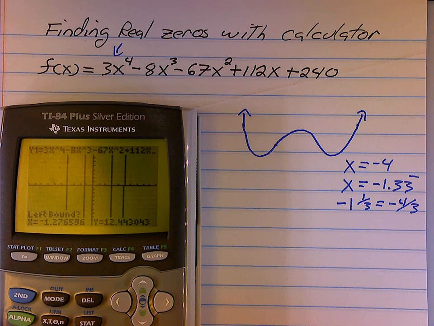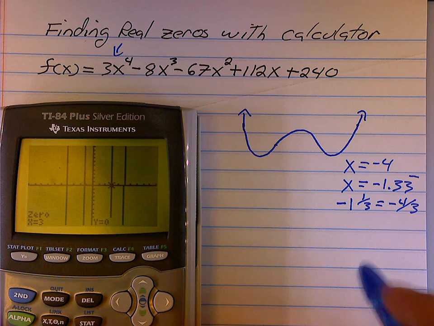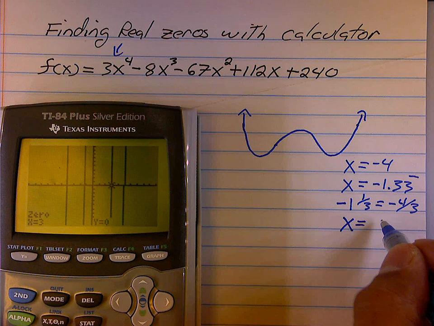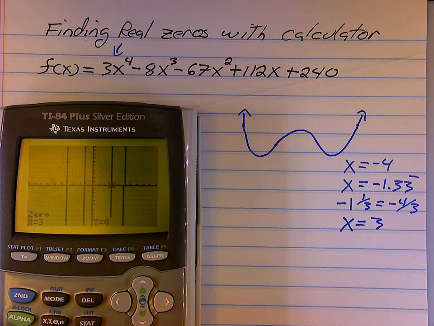Okay, if I think it's at 3, then the left of 3 is 2, the right of 3 is 4, my best guess is 3. And yes, in fact, I was right on my guess, but it doesn't matter. Calculator's going to find it. You just have to guess close. So my next zero is at x equals 3.